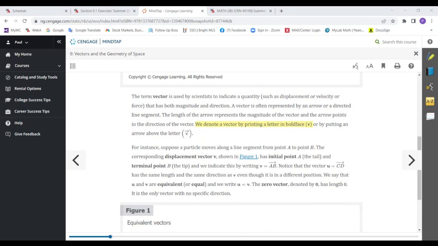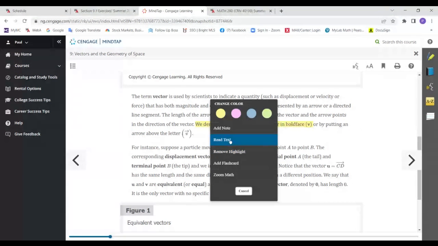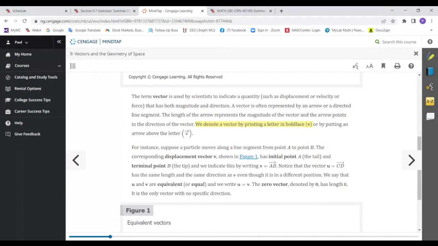That's how you'll write a vector on your paper. But in the book, the way a vector is denoted is in boldface letter.